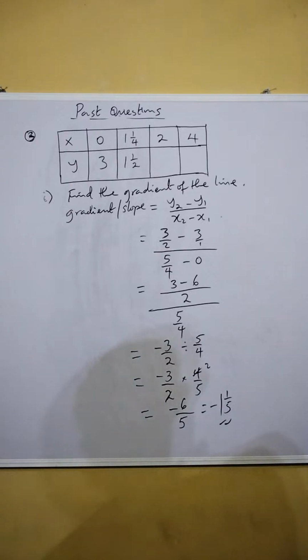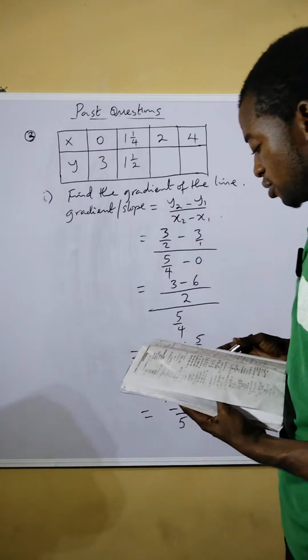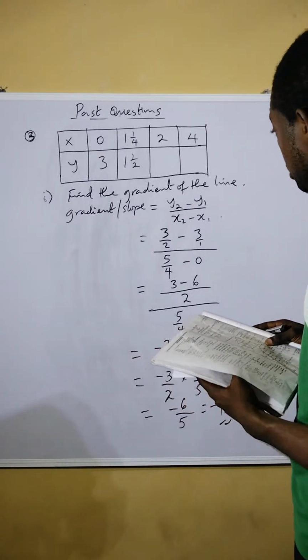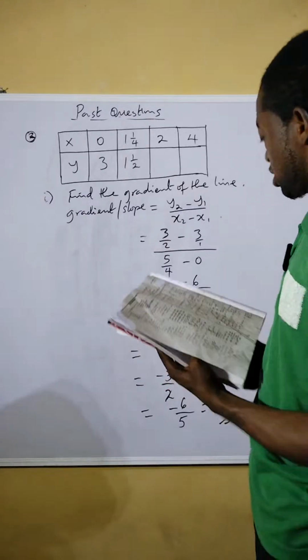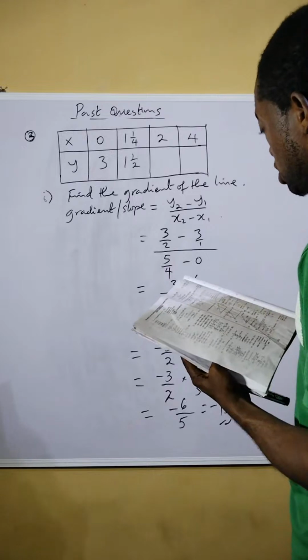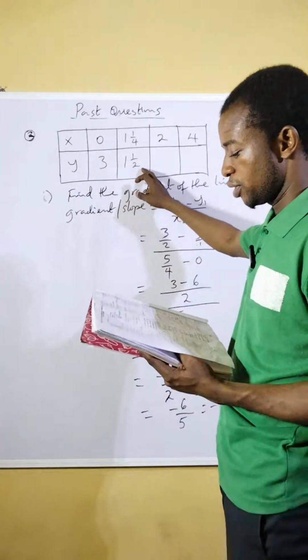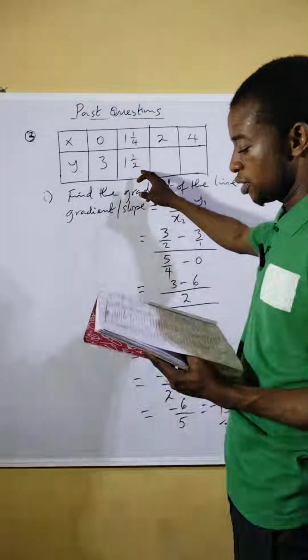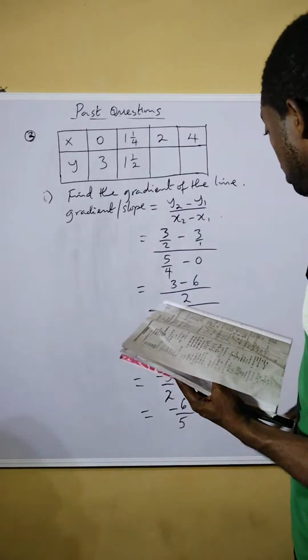Okay, I think there is a mistake in a value input here. For this value of y, instead of 1 and a half, that's 5 and a half.